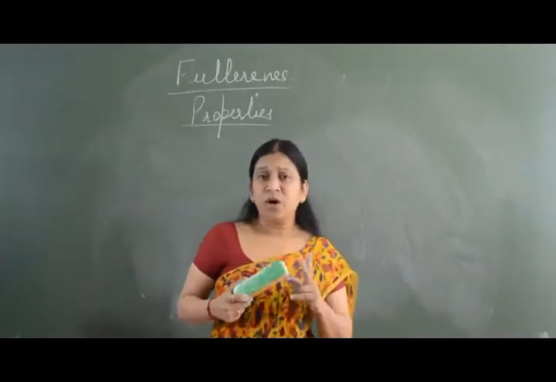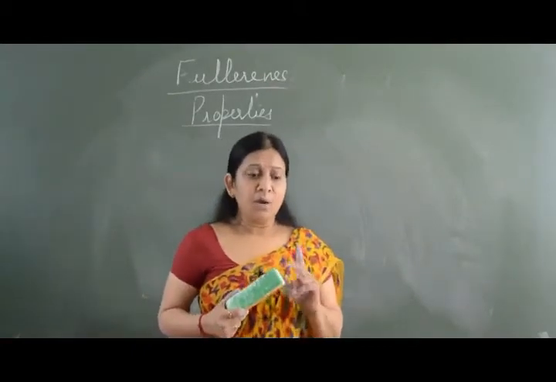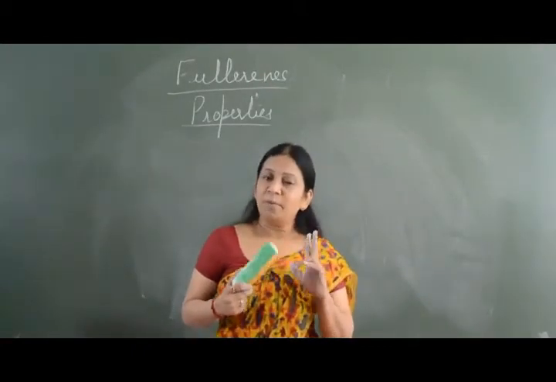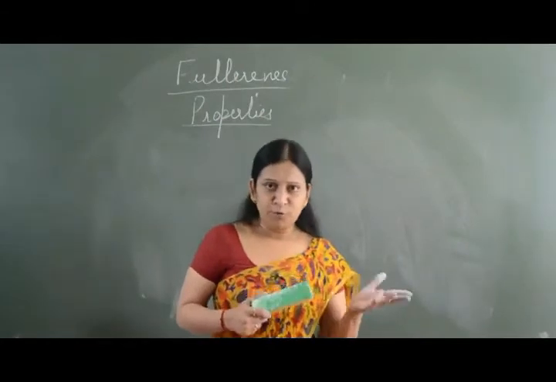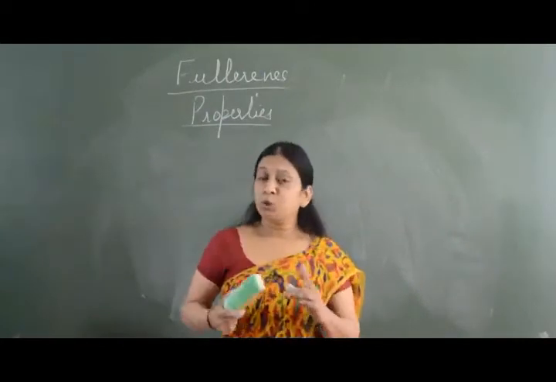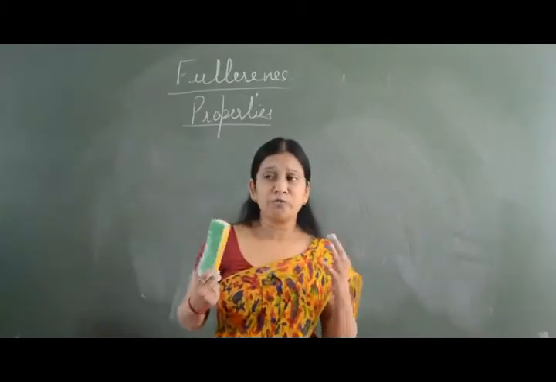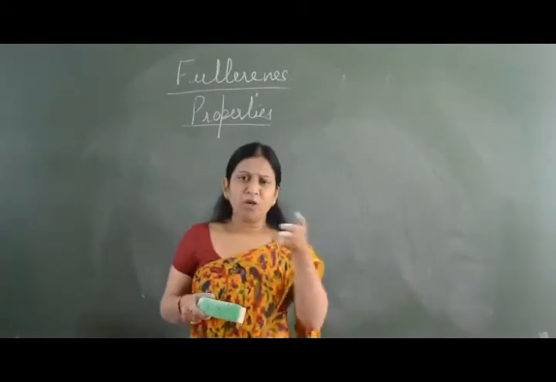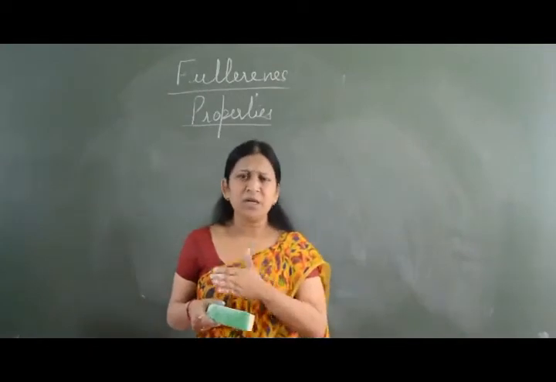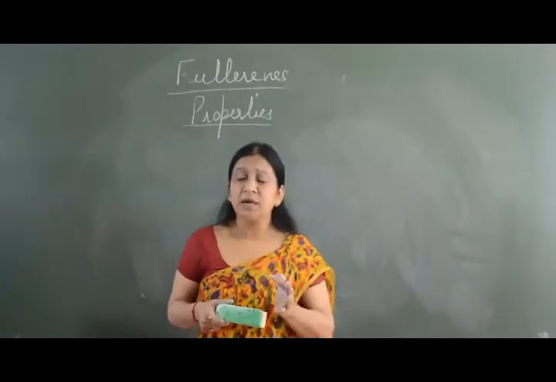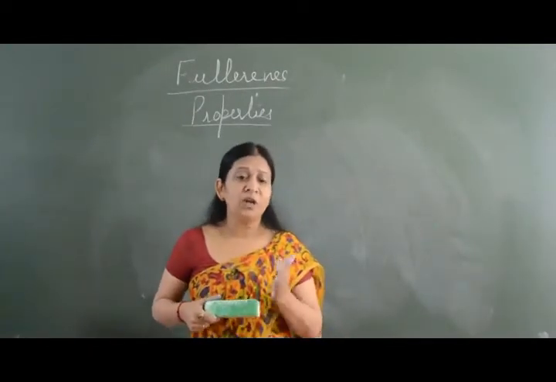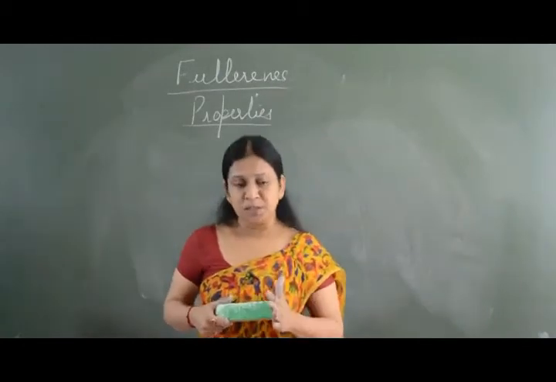Normal allotropes of carbon are diamond and graphite. It is a discrete molecule, one molecule of fullerene being made up of a cluster of carbons. Then we have different types of fullerene. C20 is the smallest and C60 is the most useful fullerene, which is known as Buckminsterfullerene.